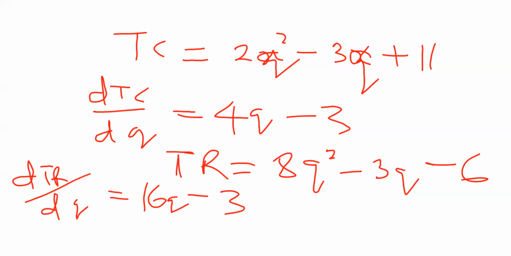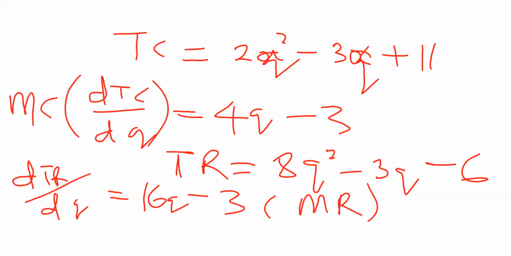If I differentiate total revenue, I'm going to get marginal revenue. So this one is marginal revenue in simple language. If I differentiate total cost, I'm going to get marginal cost, because marginal means change.